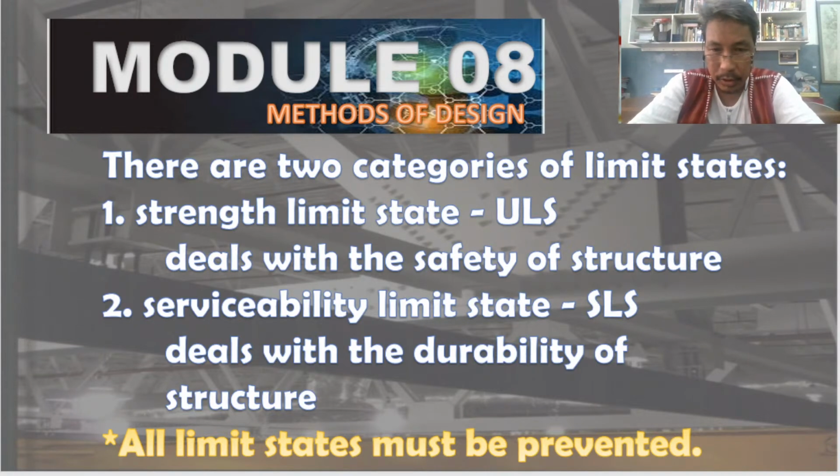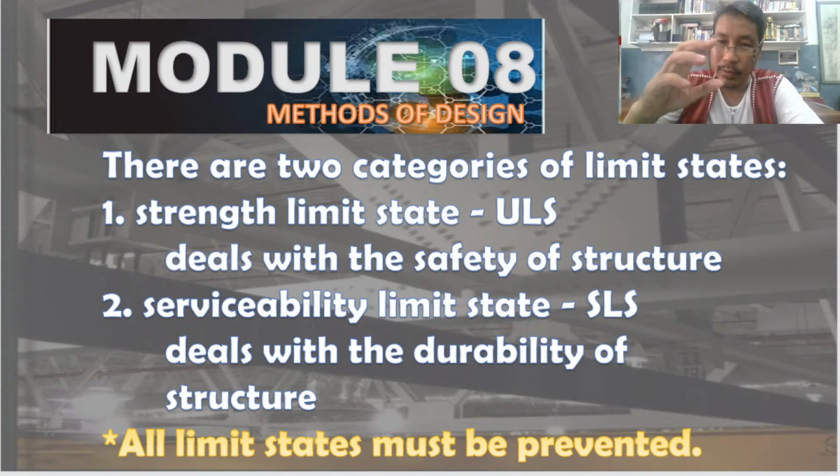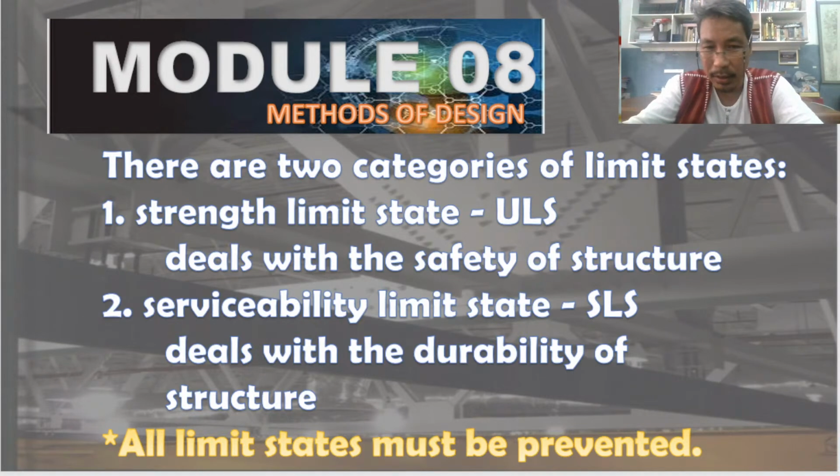While number 2, serviceability limit state, is the limit state which deals with the durability of the structure. So take note, all limit states must be prevented. As an engineer designing a structure, we would like to design in consideration of each of the limit states, meaning we will talk about the limit states for number 1 and for number 2.